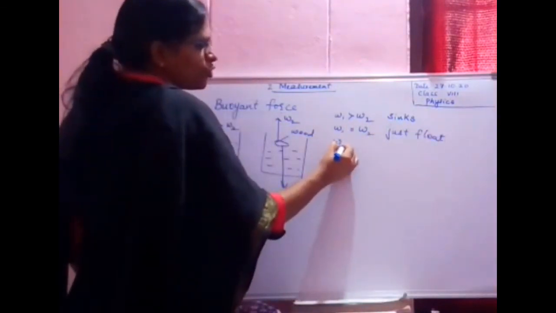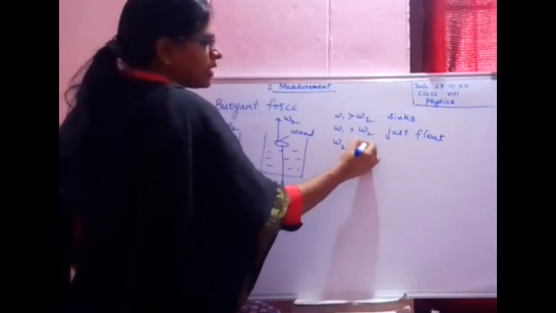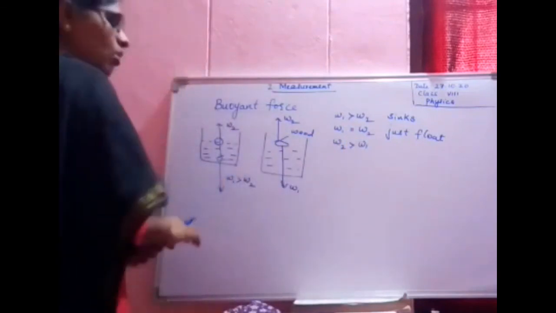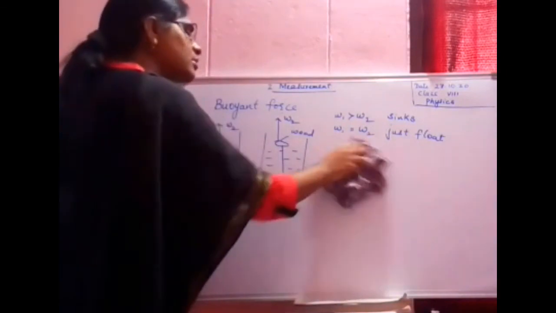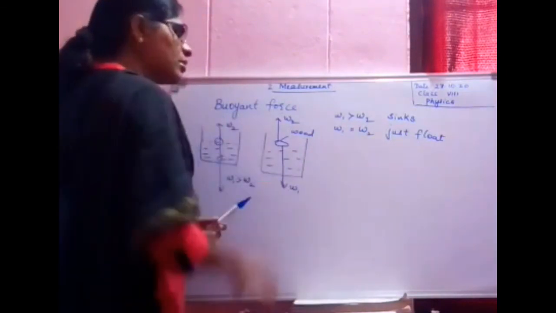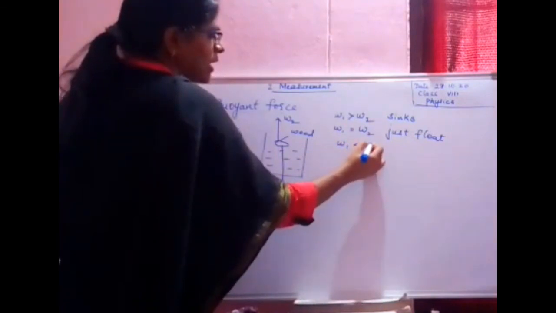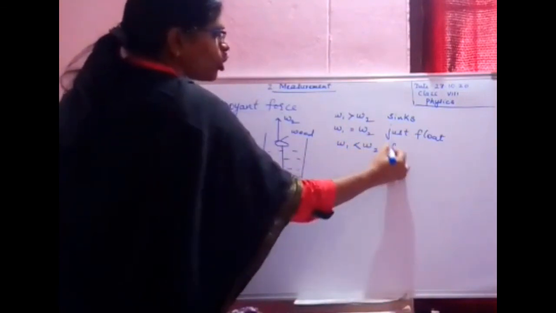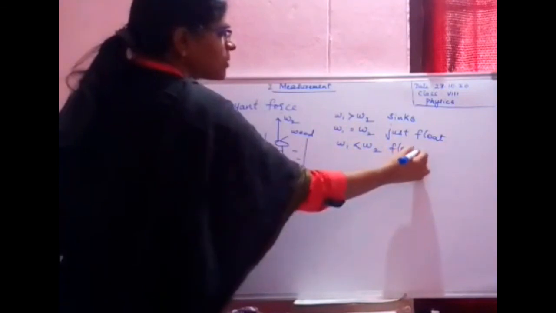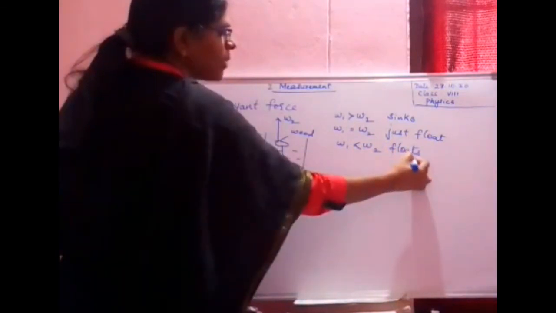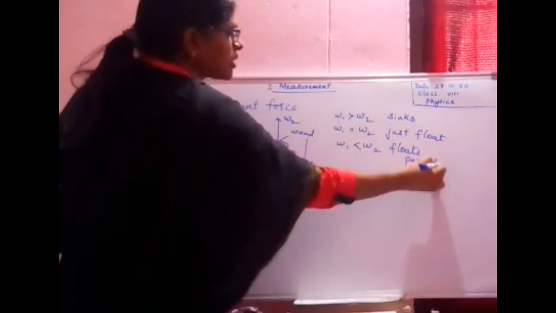If W2 is greater than W1, or W1 is less than W2, the object floats, partially immersed.